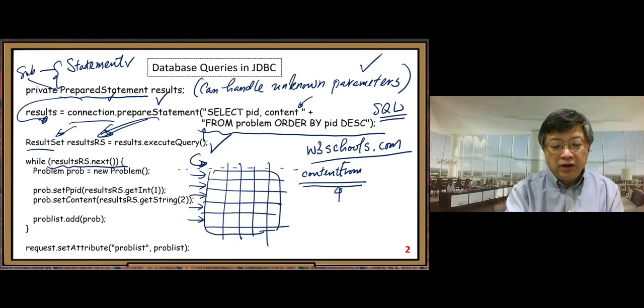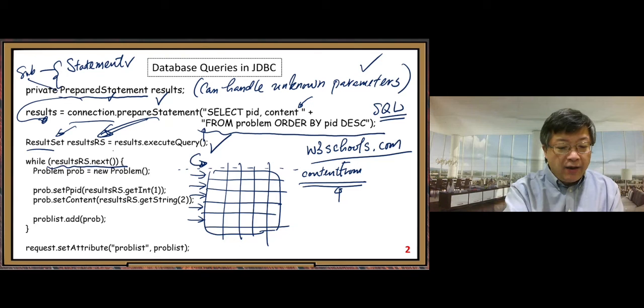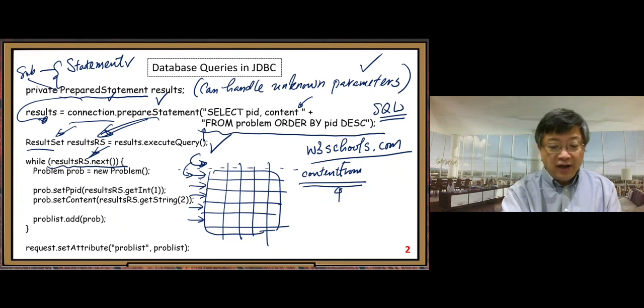At the beginning, the cursor points to before the first line. Then, in the while loop, you call the next method and move to the next row, which is the first line. Every time you move to a new row, it is the next line.